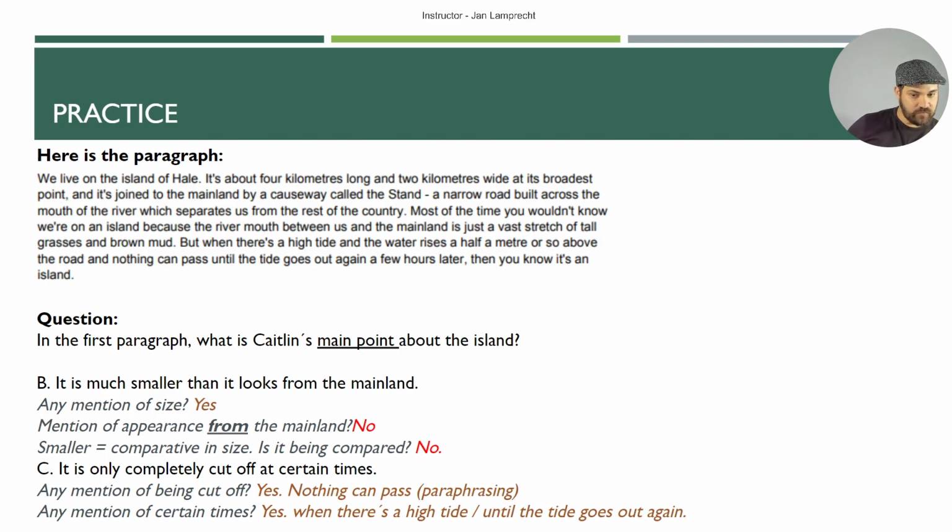So we have cut off, we have the connection. Where is the connection for certain times? Yes, when there is a high tide or until the tide goes out again. Those are specific moments, certain times. There is your other connection. So now you have a clear connection that C is your correct answer.